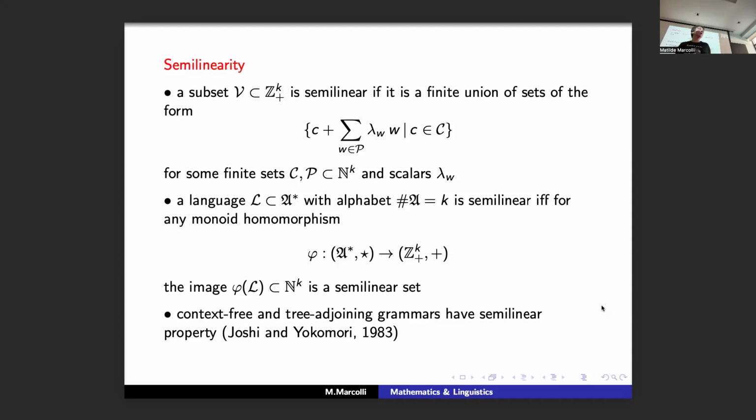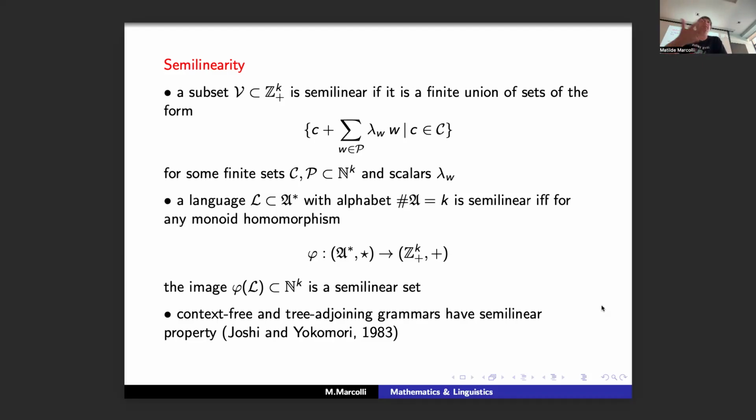You can look at monoid homomorphisms to the non-negative integers with the sum, or to copies of the non-negative integers with the sum. The language is semi-linear if its image under any monoid homomorphism is semi-linear. The context-free grammars have this property.